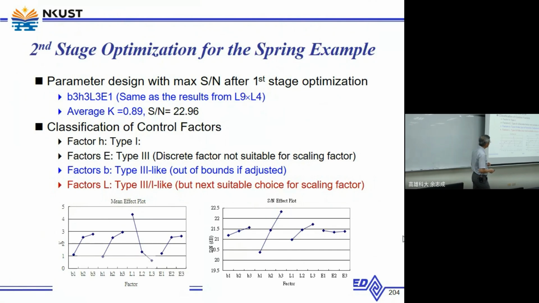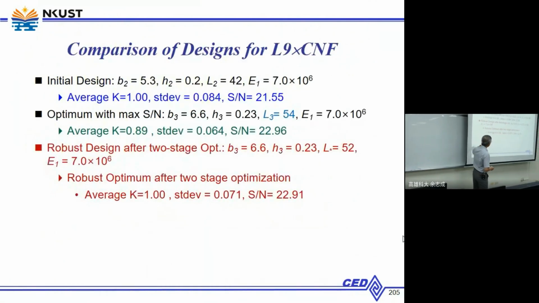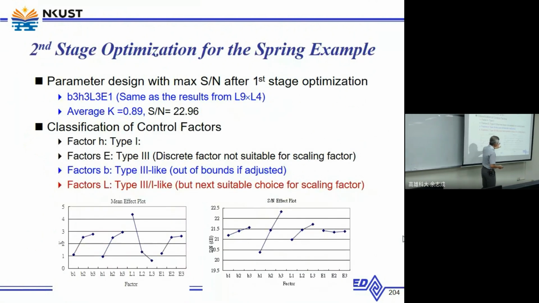But when you work on the adjustment, you'll find out that if I use B as a scaling factor, when we change B, it will go outside of the design range. Then we can come back to the second choice.